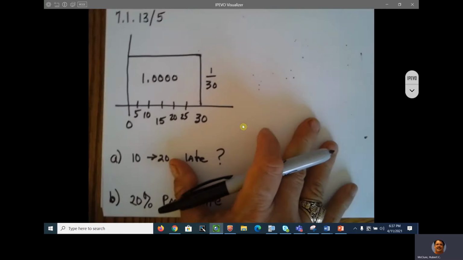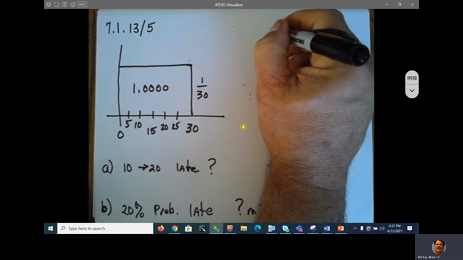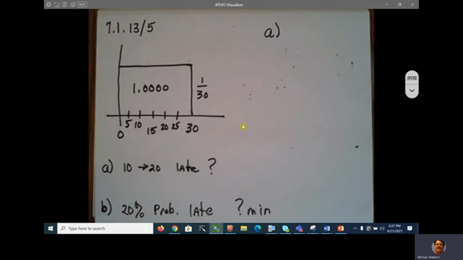And here is the question. So A, I'm gonna put over here A, and I'm gonna take my handy dandy highlighter, and I'm going to highlight the base, 10 to 20 minutes.